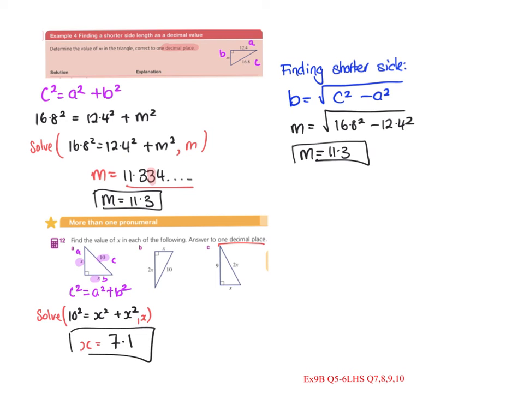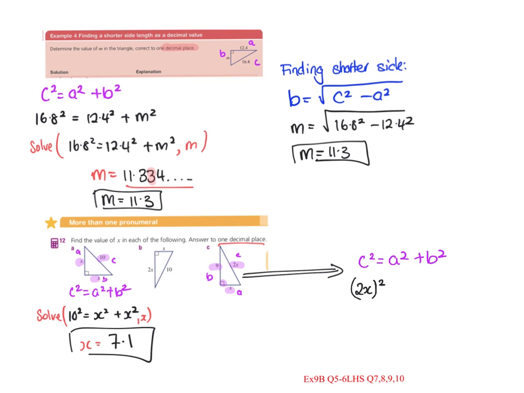I won't do the middle one, I'm just going to do this one here. Once again, we see that we've got a right angle triangle, so we can use Pythagoras' theorem. If I label up the triangle, I get that. Now, when I substitute in, see how C is 2x? On your calculator, make sure you put 2x in brackets and square it.